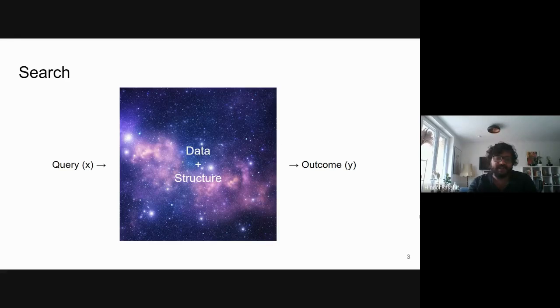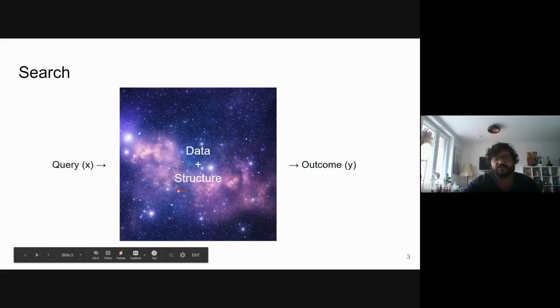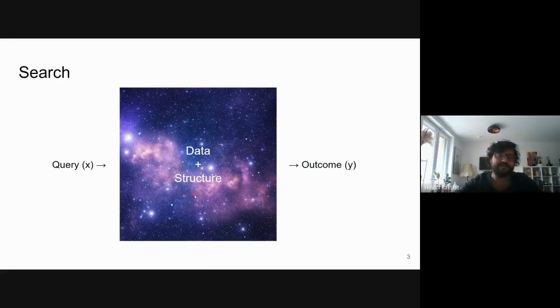And now this is very important to know that when we talk about a database, it's not just data. And I'm saying this because that's the usual misconception. When we talk about a database, it's actually data plus some sort of a structure. And I want you to keep in mind this concept of data plus structure because we will revisit it multiple times in this presentation.